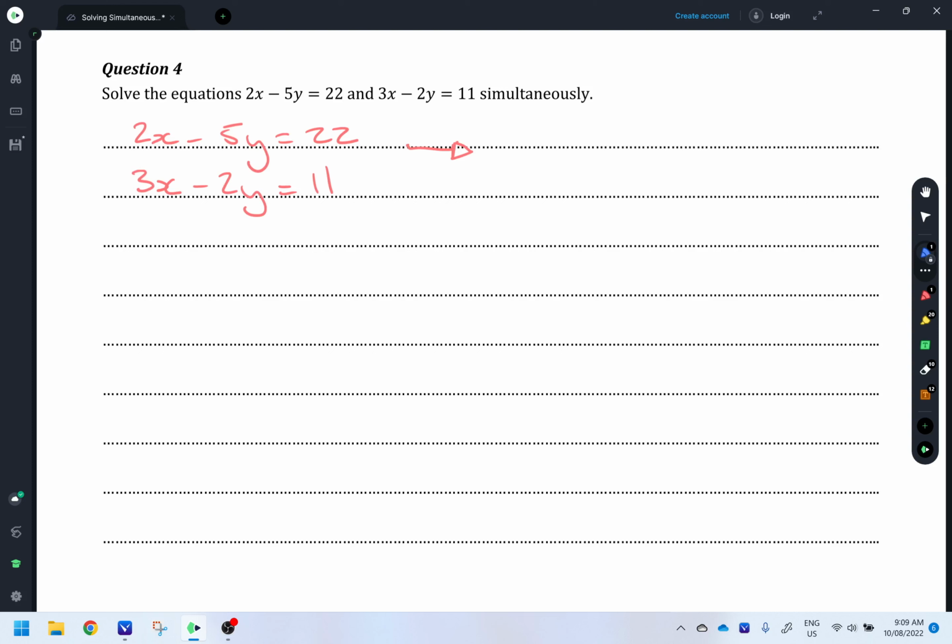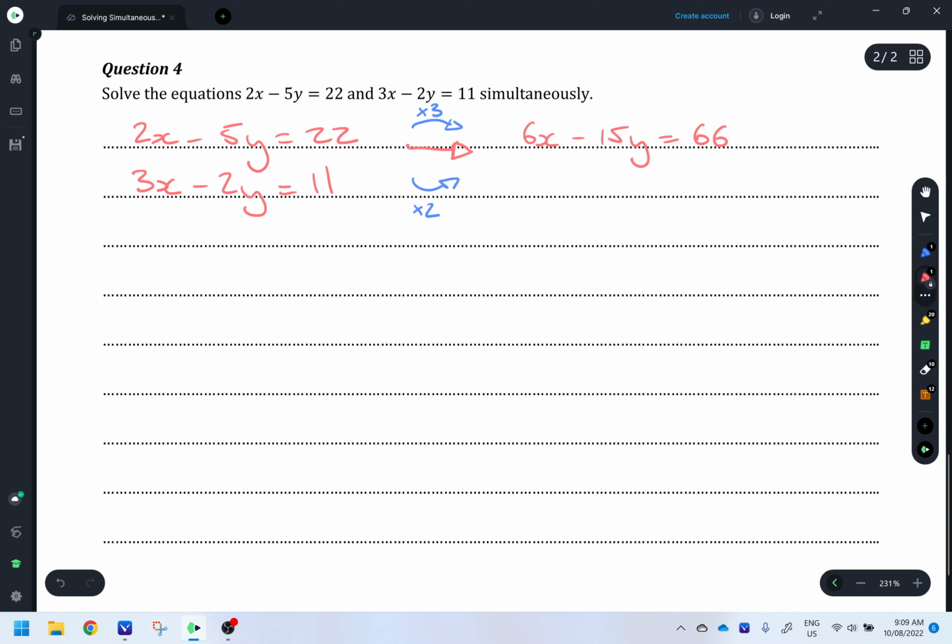So even though I can't line up the x's to be 3, I could line them up to be 6. The way I'm going to do that is I'm going to multiply the top equation by 3. That will leave me with 6x minus 15y equals 66. But I'm also going to multiply the bottom equation by 2.